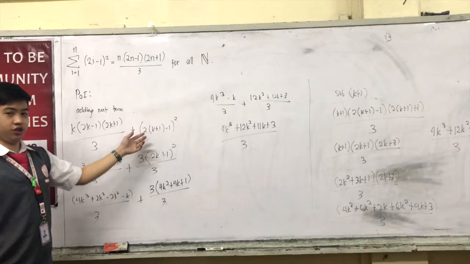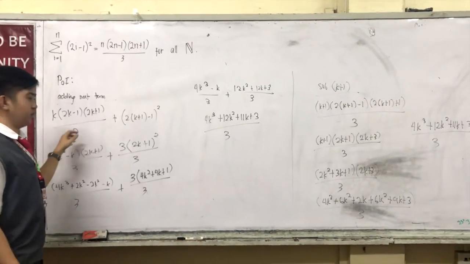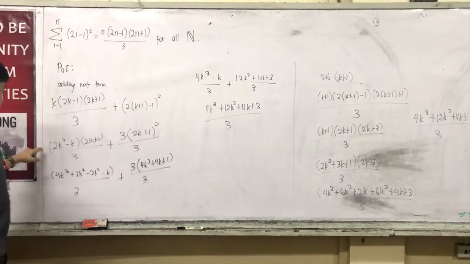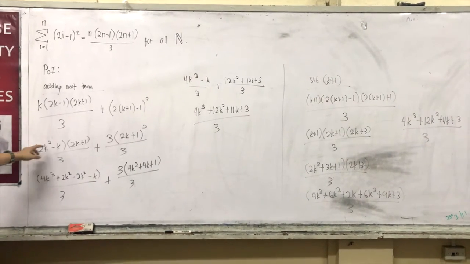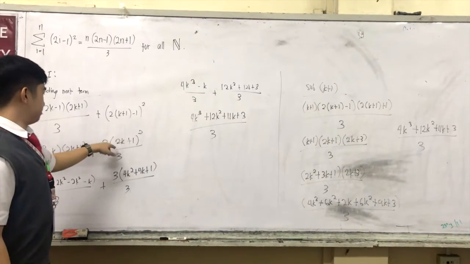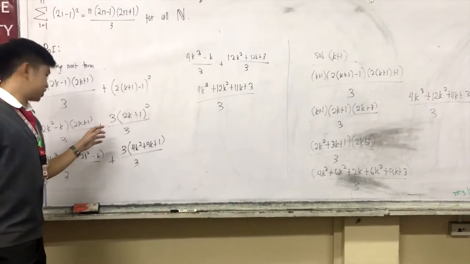We have this equation: k times (2k minus 1) times (2k plus 1) over 3 plus (2 times (k plus 1) minus 1) squared. It leads to this equation by distributive property: (2k squared minus k)(2k plus 1) over 3 plus 3 times (2k plus 1) squared over 3, so that we can add these fractions.